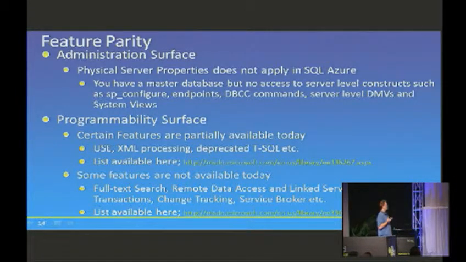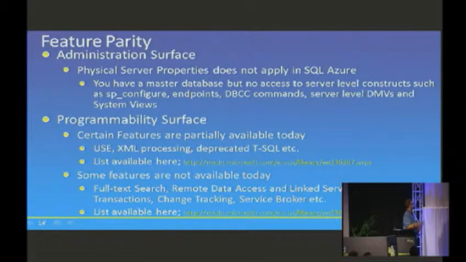The places we start to drift are the features that we haven't fully implemented, things like full text search. And why don't we support full text search? Well, the problem with full text search is that the catalog is shared across all the databases on the server. So if we enabled full text search today, there's a chance for data leakage from one customer's database to another.